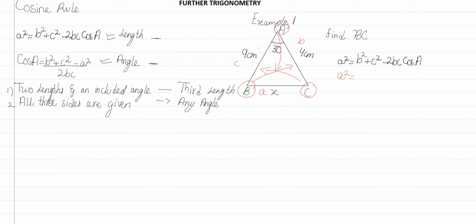So b is 4, so 4 square plus c square, c means 9, 9 square, minus 2 times 4 times 9, and the cos a would be the cosine of the angle opposite the length a, which is 30 degrees, so cos 30.